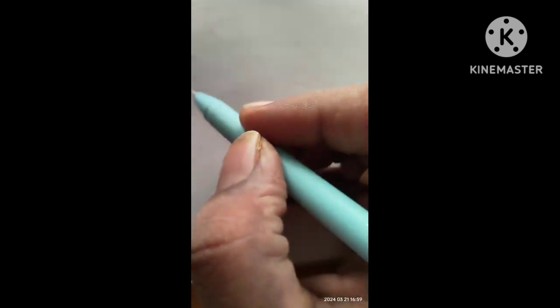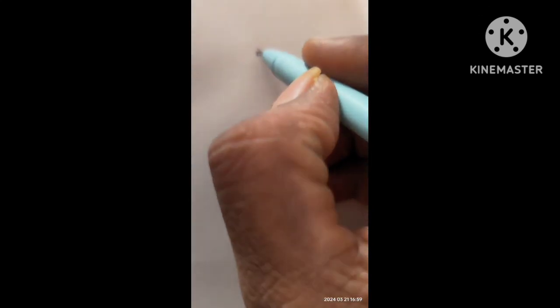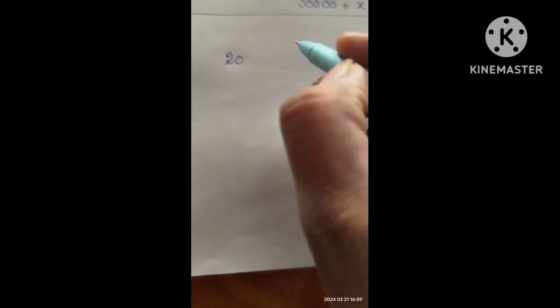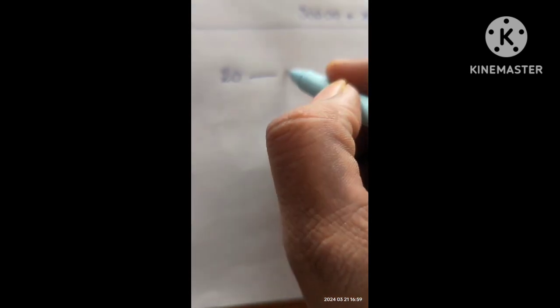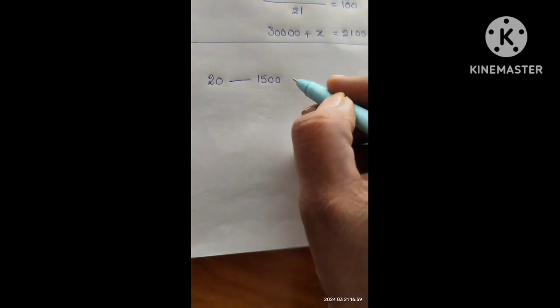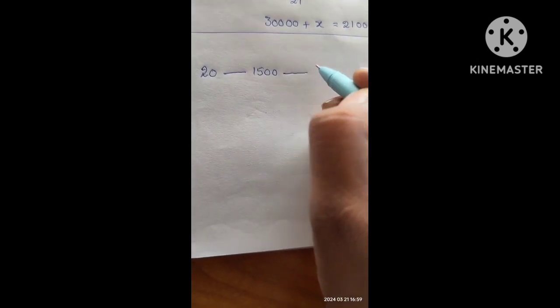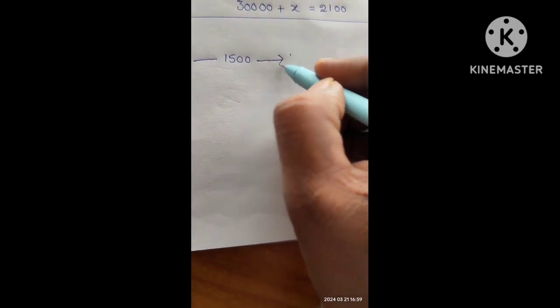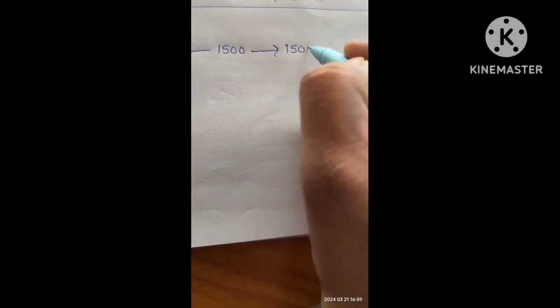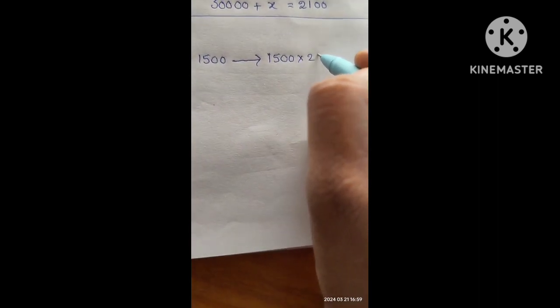So first of all, 20 employees are there and their average salary is given as 1500 rupees. So the sum of salaries is equal to average into number of employees.